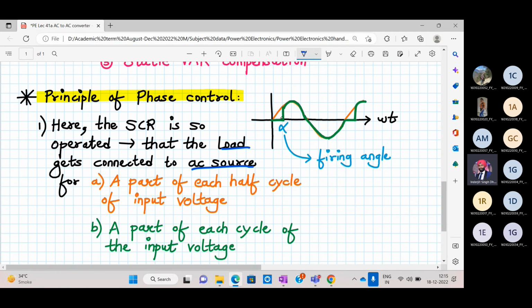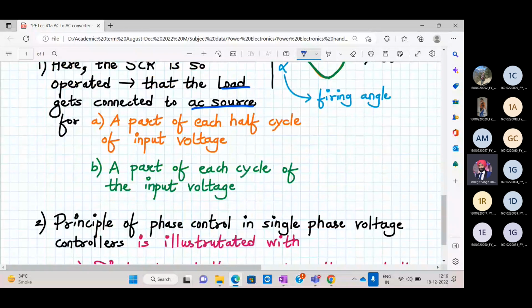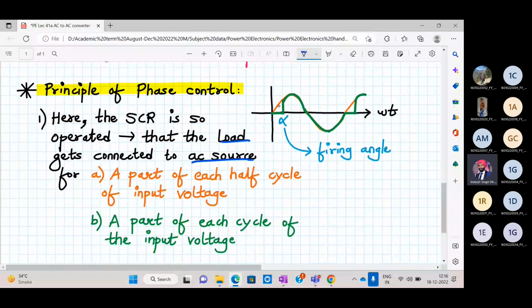We have a firing angle alpha, and we control when we start the SCR. So part of each half cycle of the input gets connected to the load as per the deciding angle, that is alpha. So this is the principle of phase control.